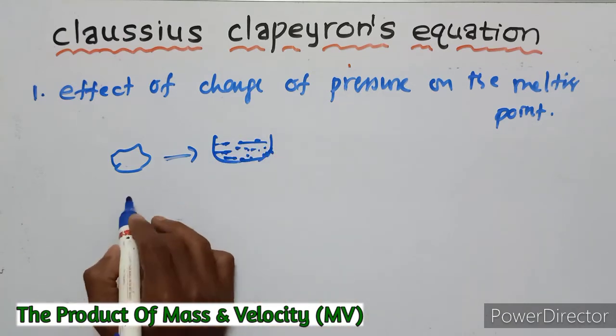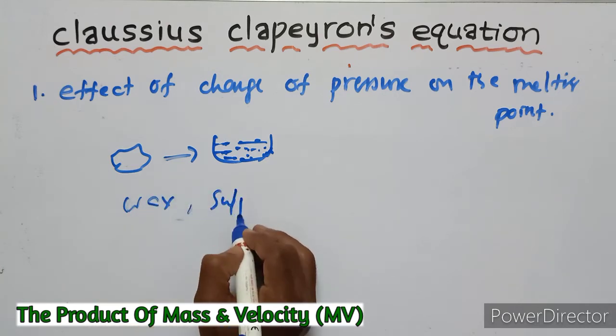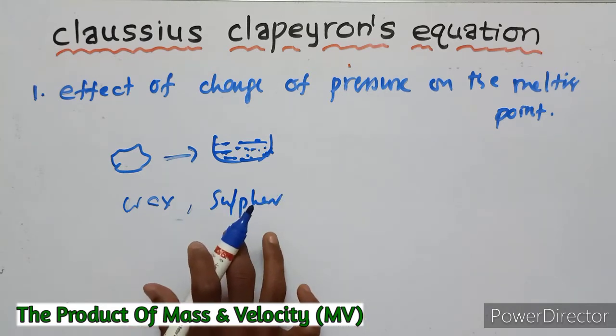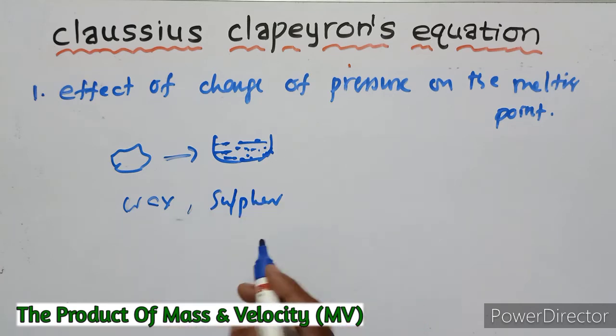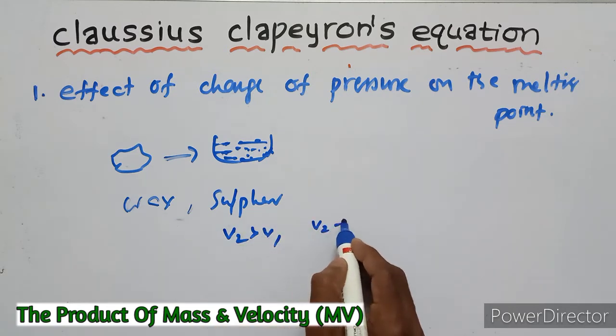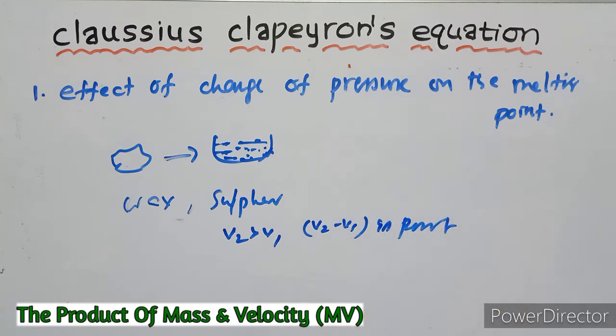The substances like wax and sulfur, these are all substances that expand on melting, then V2 is greater than V1, then V2 minus V1 is positive, because the second volume is the highest value. So here V2 is greater than V1, then dP upon dT is positive.